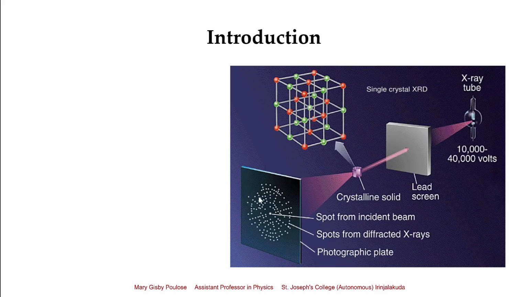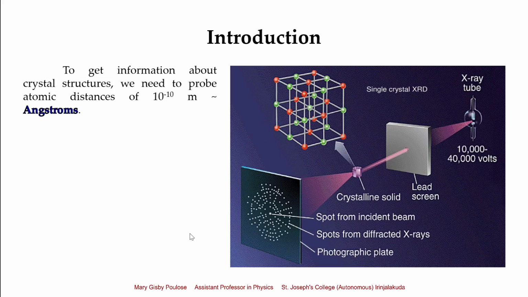Right at the center we will have the spot from the X-rays coming directly from the X-ray beam. But surrounding that, we have the spots from the diffracted X-rays. And all of this can be recorded upon a detector or a photographic plate.